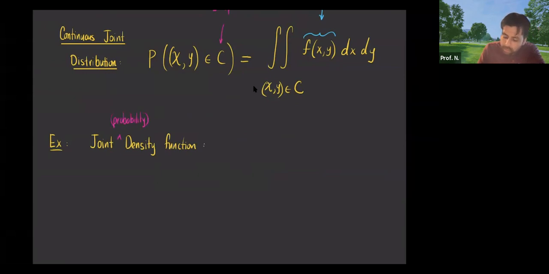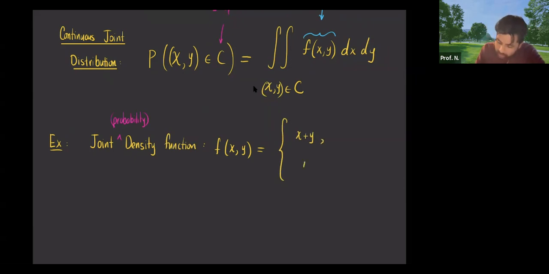So I'm going to give you the joint PDF, f of x, y. This is referring to the random variables x and y being jointly distributed. It's going to be given by a piecewise function, x plus y, very straightforward, a simple function.